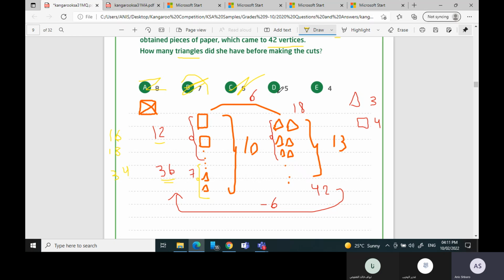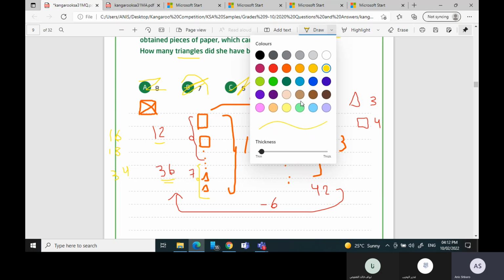I can remove it. 5 squares and 5 triangles. So 5 triangles is 15. 5 squares is 20. So 35 is not equal to 36. I can remove it. And then I'm going to see 4. Okay, now I'm only left with 4. Of course, we can choose it as our right answer, but we will double check before sticking to it.